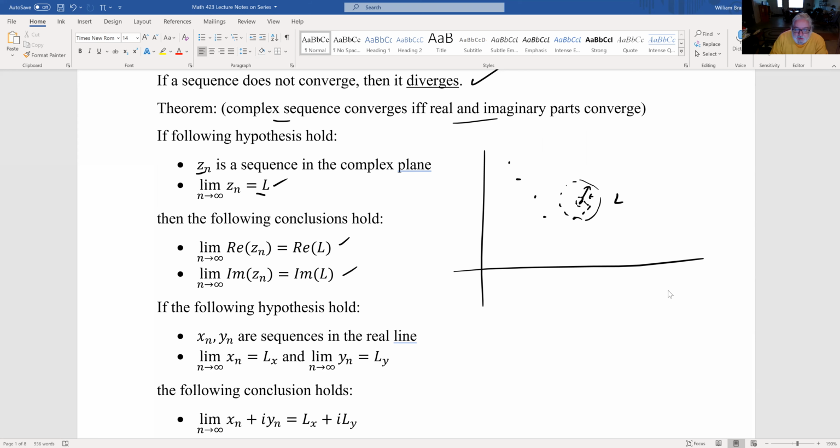For each of these points, it's got a real part and an imaginary part. L itself has an imaginary part on the y-axis, so the imaginary part of L is here, and the real part of L is down here.